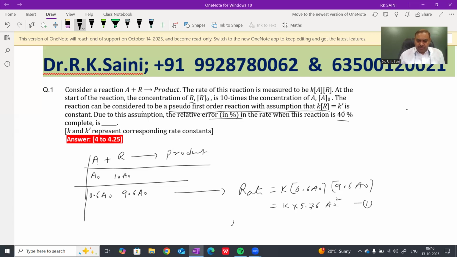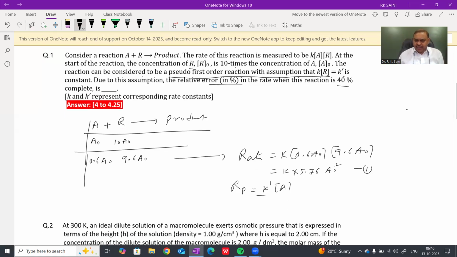When we assume pseudo order, the rate of the pseudo order reaction is K dash into A, and K dash equals K into the concentration of R, the initial concentration of 10 A node, because it becomes constant, and the concentration of A after 40% completion is 0.6 A node. Therefore, equation second is K equals 6 A node square.